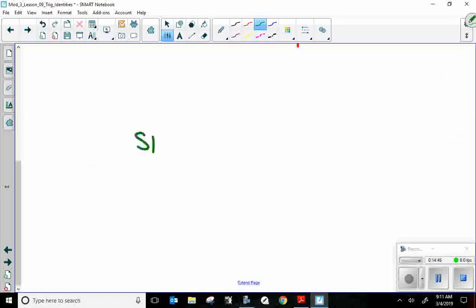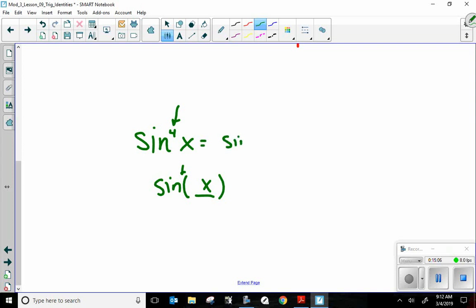If you see sine, and you see a little 4 here, and an x, in the calculator you cannot put a 4 there. Once you hit the sine button, it immediately waits for you to put something there. Let's say you put your x here. You cannot put anything right there in the calculator. This sine to the 4th of x is the same thing as taking the sine of x and taking the whole thing to the power of 4.